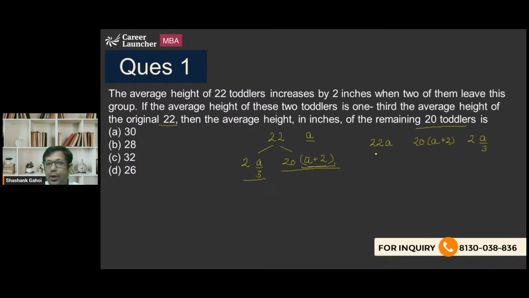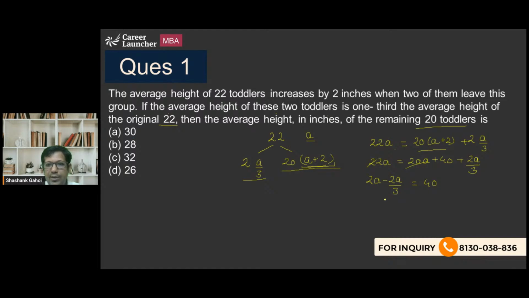Now, the total height of 22 toddlers equals the total height of 20 toddlers plus 2 toddlers. So 22A equals 20A plus 40 plus 2A upon 3. This is 20A and this is 22A, so the left out is 2A. So 2A minus 2A upon 3 comes out to be 40.